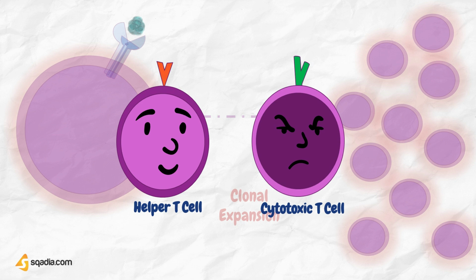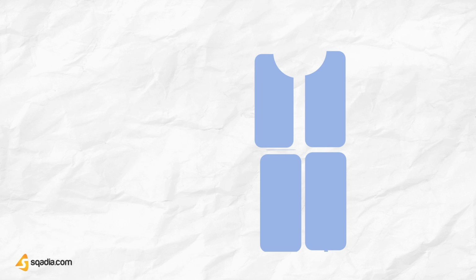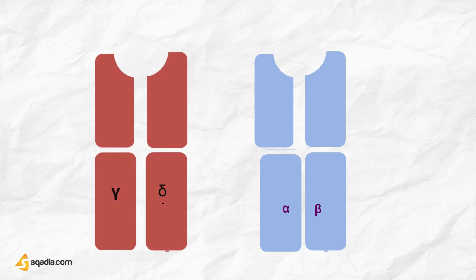T-cell activation is not possible without the presence of a T-cell receptor. We have discussed the structure of TCR in detail in a separate video, but let's revise some of the basic points. T-cell receptors are heterodimers, meaning made up of two different types of monomers. These monomers are alpha and beta monomers, while others are gamma and delta monomers.